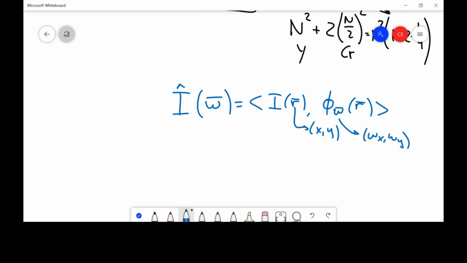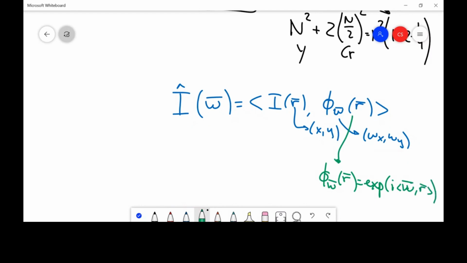So the Fourier transform was the inner product between the input signal and a basis function. And the basis function that we were using was this one: phi omega of r was the complex exponential of minus j times the inner product between omega and r.